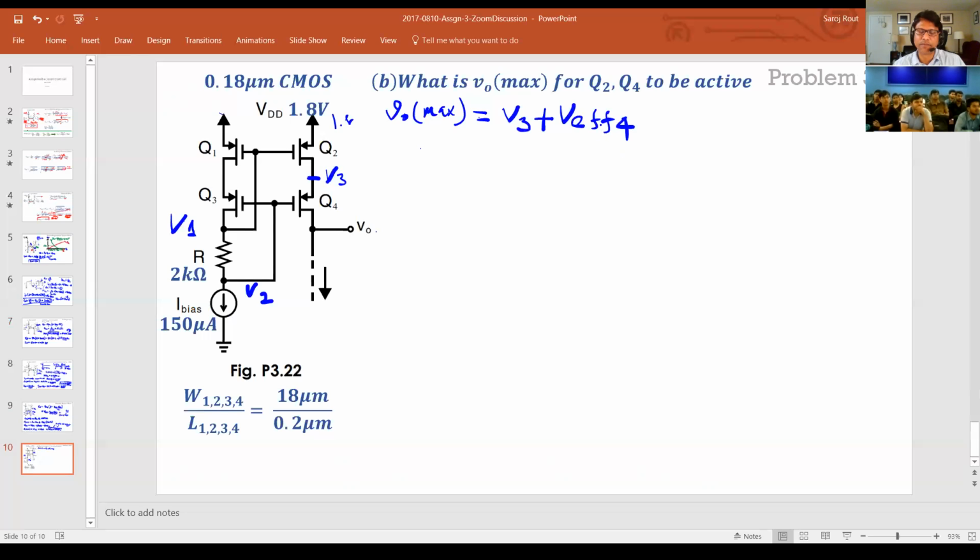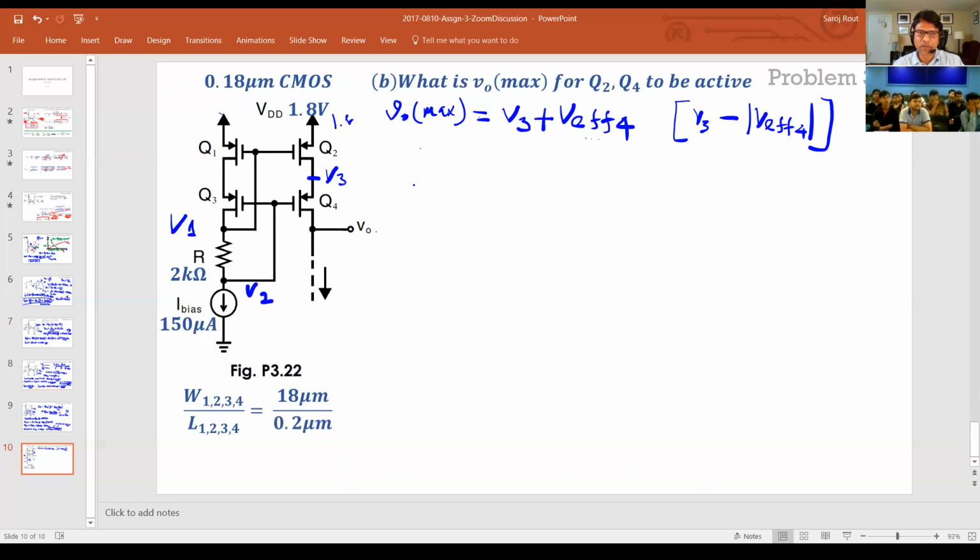The reason you write plus is because this is actually a negative quantity. Now, if you don't want to get confused, you can write everything in terms of magnitude. So for example, you can write this as V3 minus the magnitude of V effective 4, right? That's fine as well. But just choose one method and always follow it. So I'll just follow this method for now.